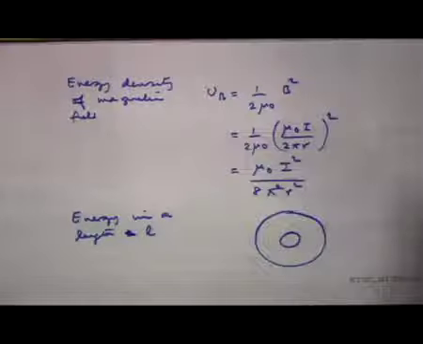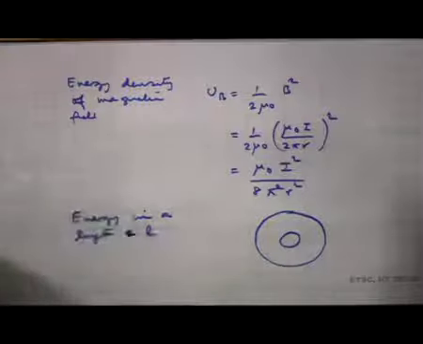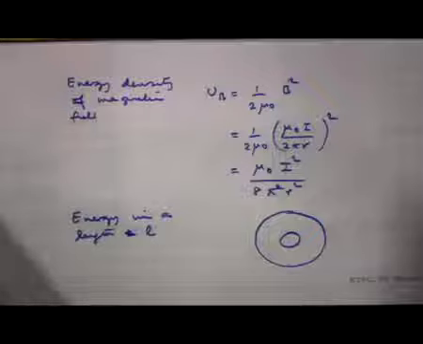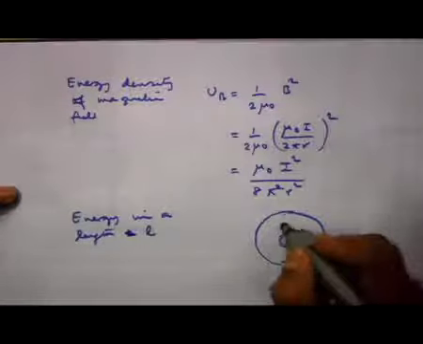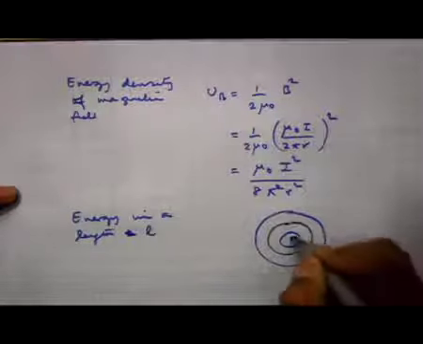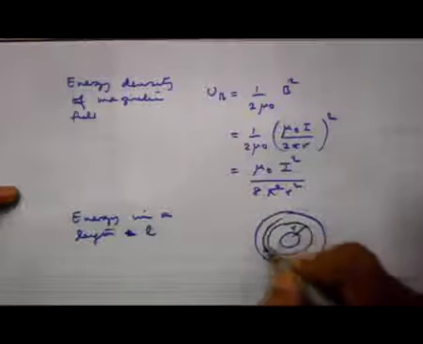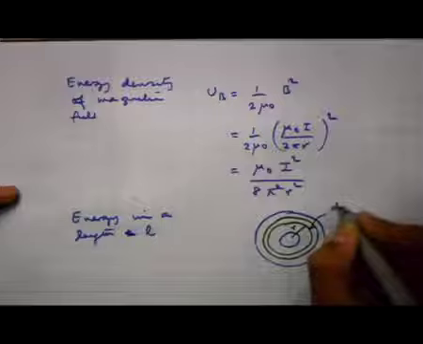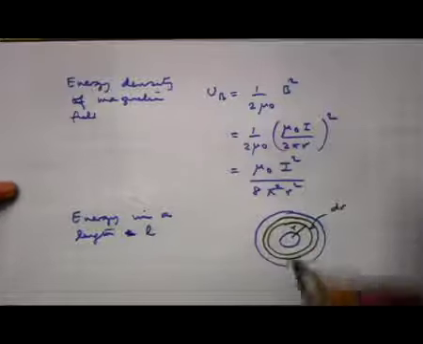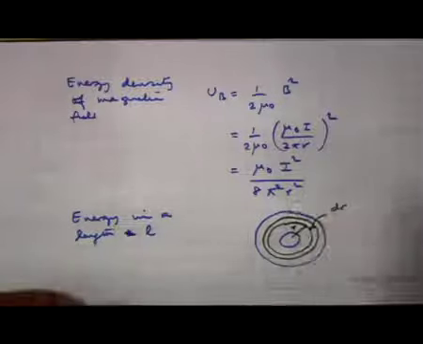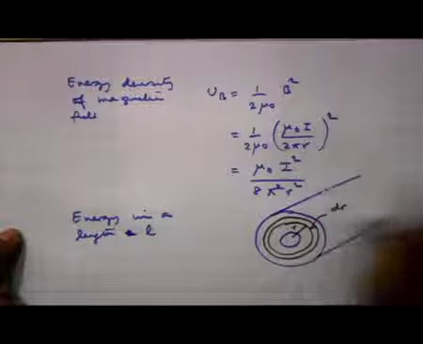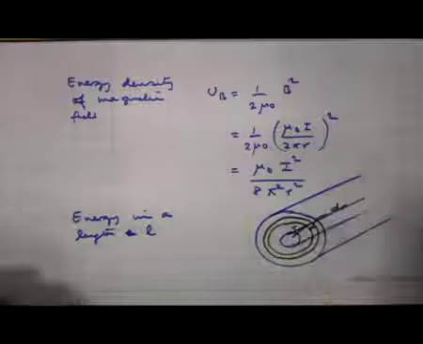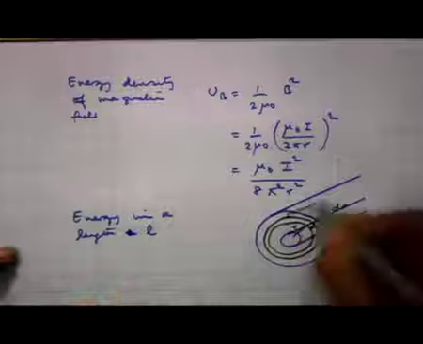So, I take a radius r and r plus dr. This thickness is dr and of length L. The coaxial cables are going like this, and I want to take a length L.